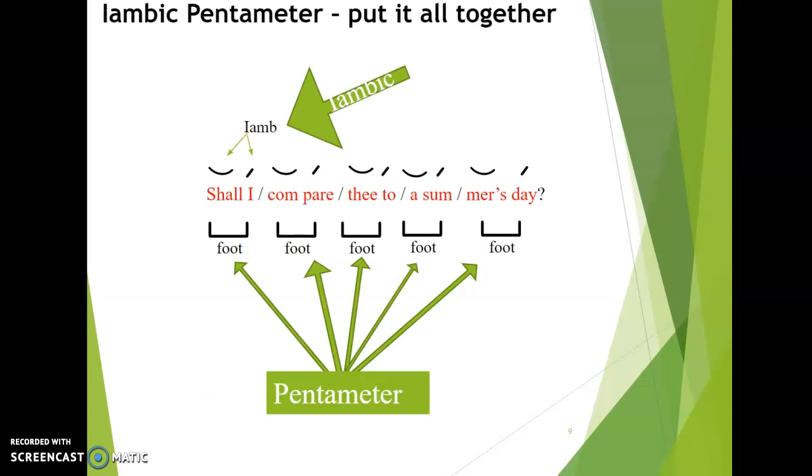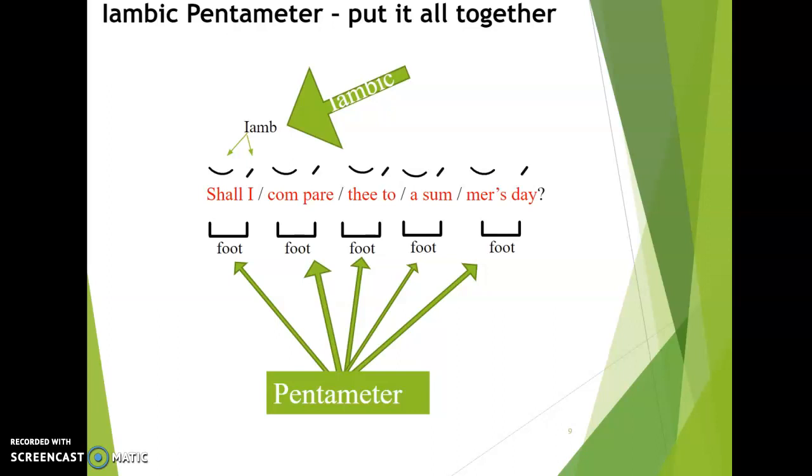All right, so this hopefully will help bring everything together and for you to see all those terms that we just went over. One iamb is essentially unstressed followed by stressed, which is 1 foot.